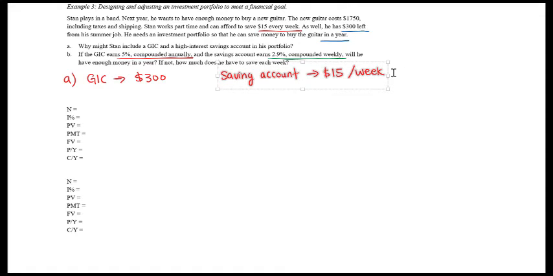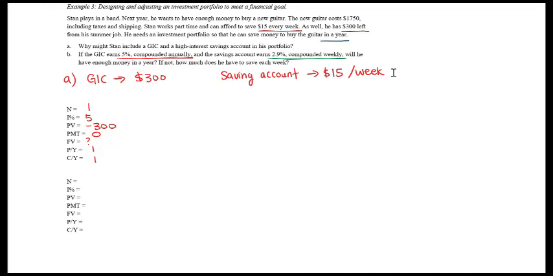I'm going to change the savings account to green so it matches the information. Okay, so starting with the GIC, it is 1 for the number of periods. The interest rate is 5%. Present value is 300, so that is going to be negative 300. There are no more payments. Future value is the unknown. Number of periods per year, that is 1 and 1.